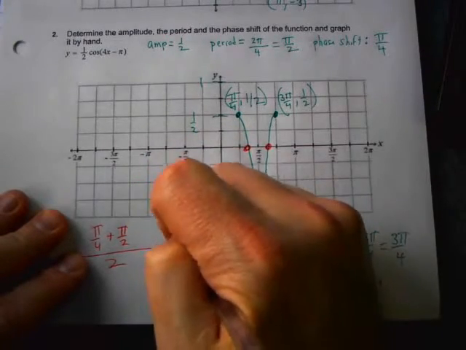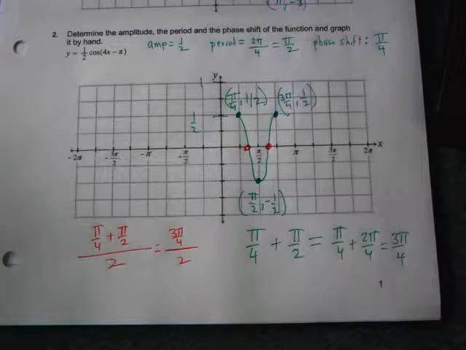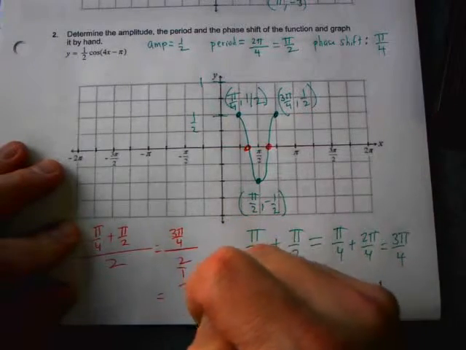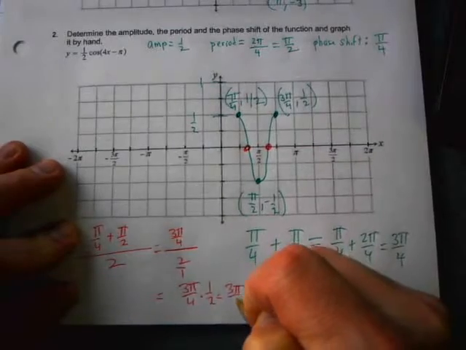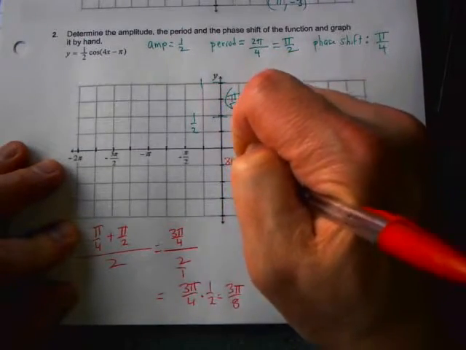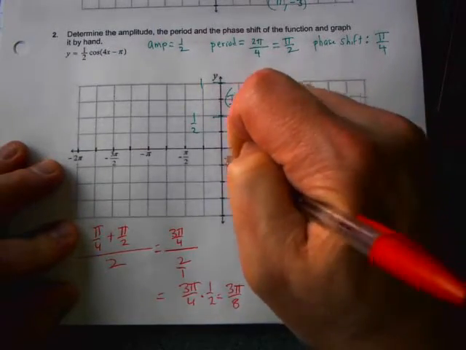What's 3 pi over 4 divided by 2? You think of 2 as being 2 over 1, you flip and multiply. That's 3 pi over 4 times 1/2. That's 3 pi over 8. So there's where that point is. This one is 3 pi over 8, comma 0.